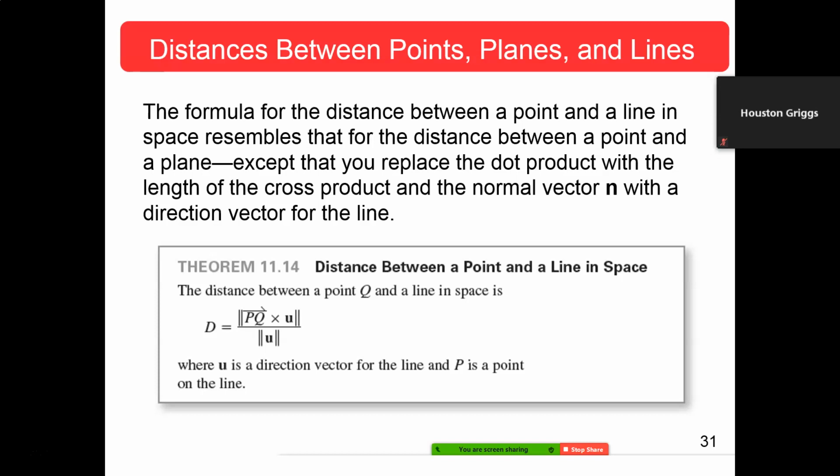So the distance between a point and a line in space, we went over this before, but since Houston wasn't here, then we'll do it again.